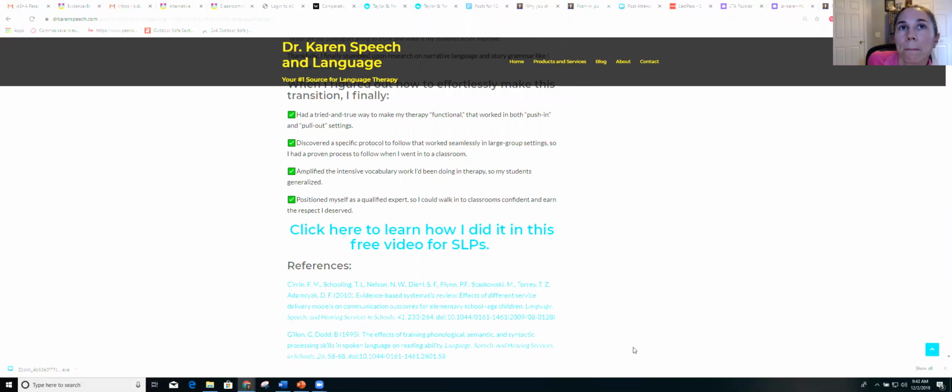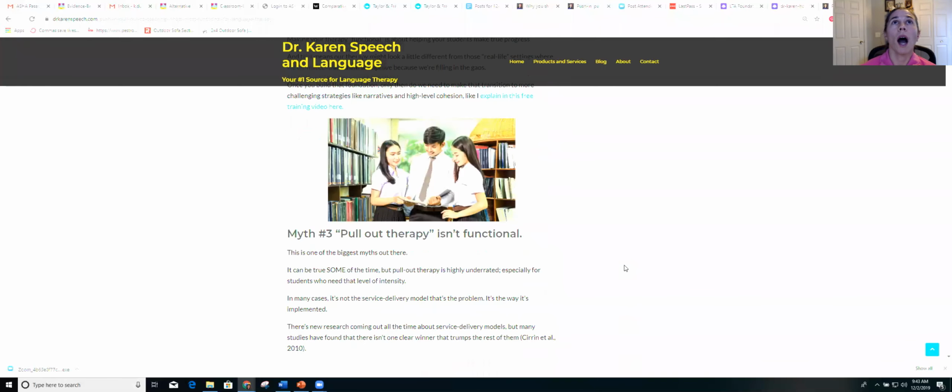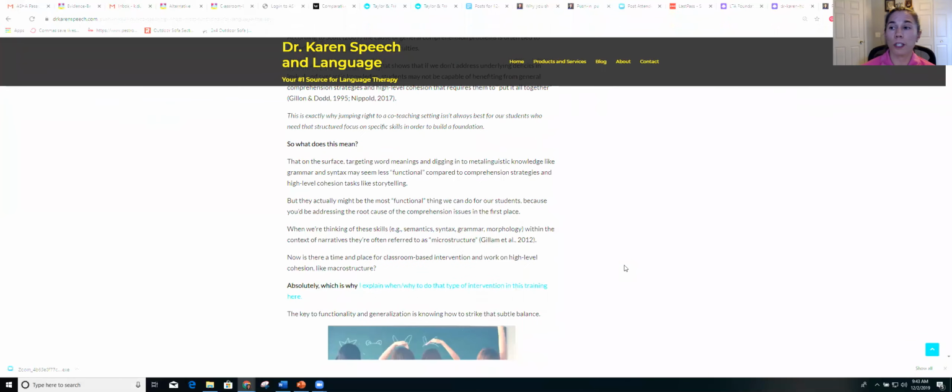That will help you make the case that there are certain skills that we need to work on, and it doesn't always matter what setting we're in, as long as we're working on these skills. And then number two, that there isn't one service delivery model that's a clear winner. So we've got to make sure that we're collaborating so that we can come up with a good hybrid approach there. So those are some resources for you that will help you get started.